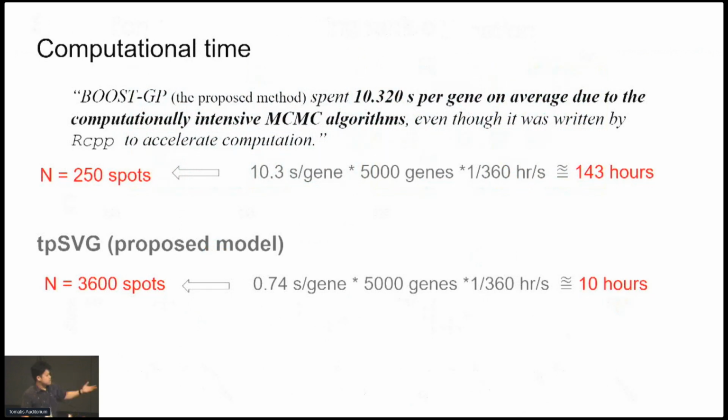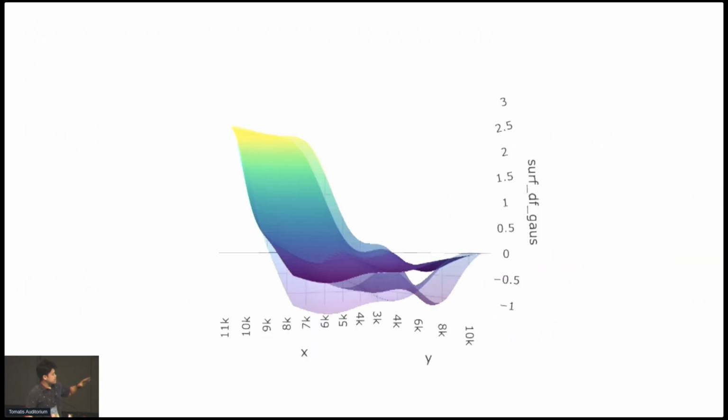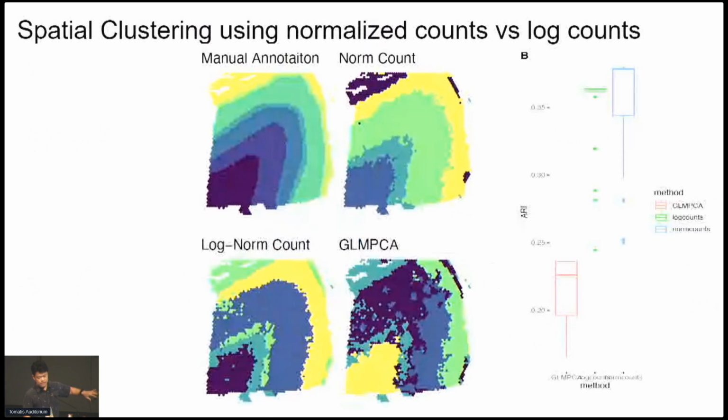And also it's scalable. I'm also interested in leveraging the generalized linear model framework to understand how log transformation is changing or over-processing the data. If we fit the same model with different data as input, you get different surfaces, and that will have downstream impact on your spatial domain estimations.